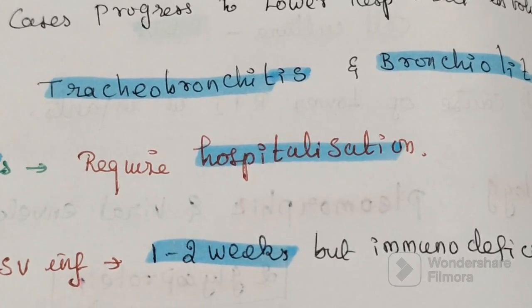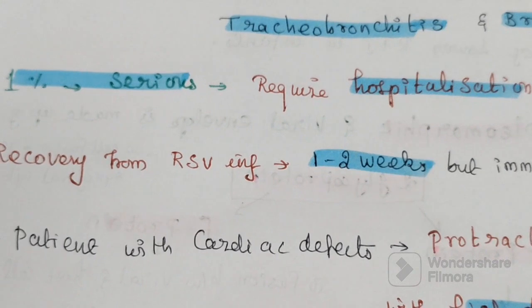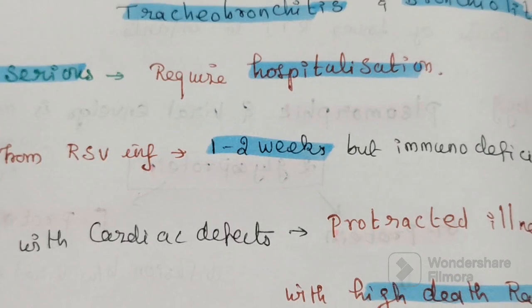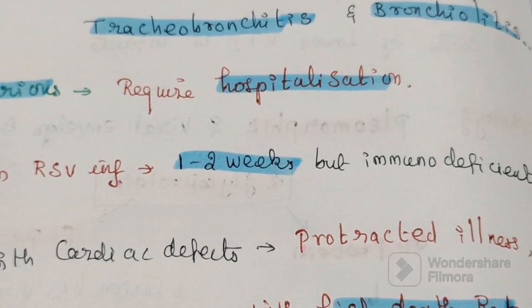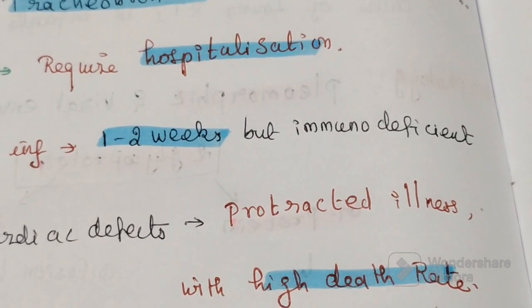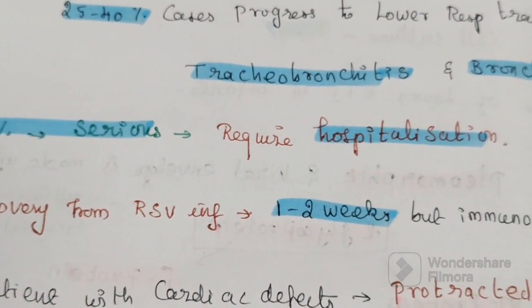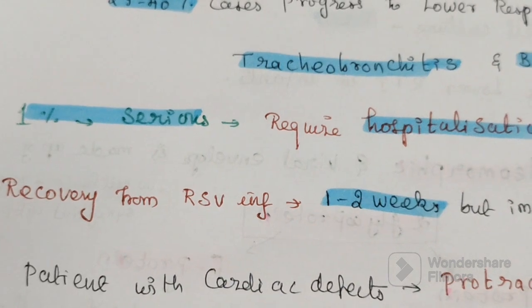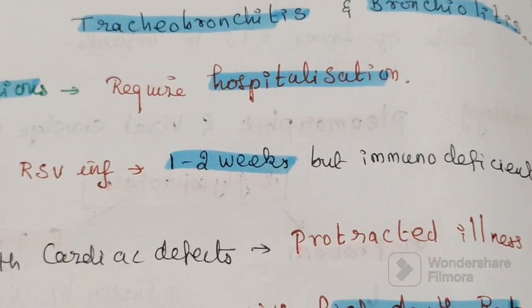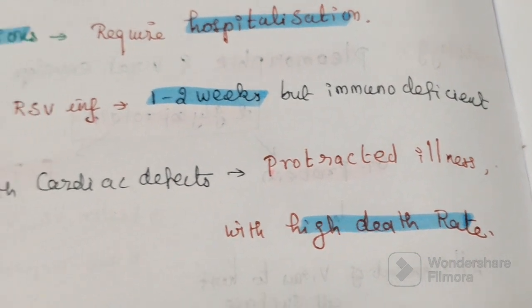But in immunodeficient patients or patients with cardiac defects, there is protracted illness with a high death rate.